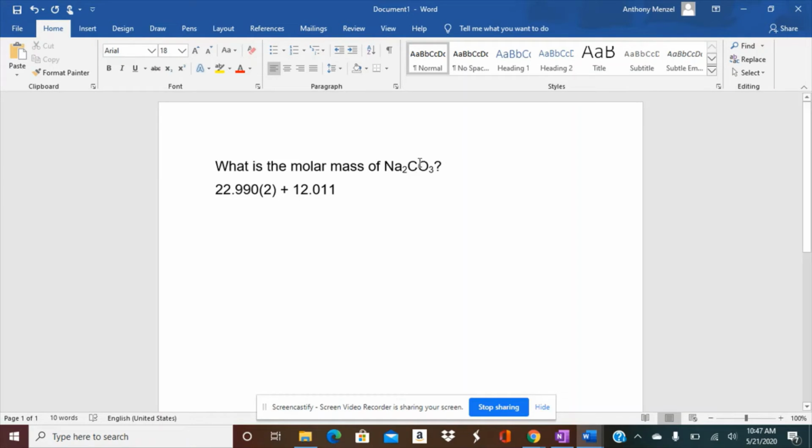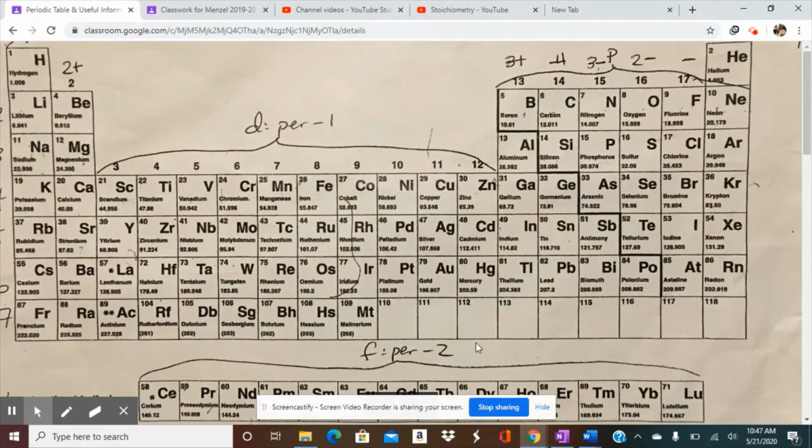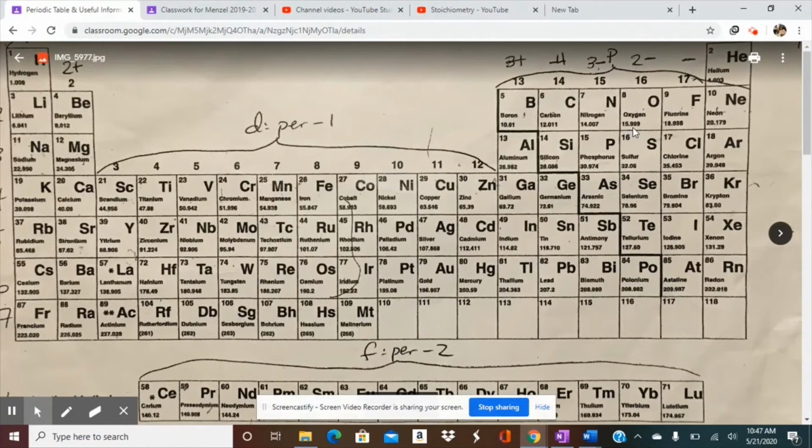Now we're going to move on to oxygen, another element, and we know it's a new element because it's another capital letter. Remember that every time you hit another capital letter in a chemical formula, you have a new element. So we go ahead and add the molar mass of oxygen, which is 15.999.